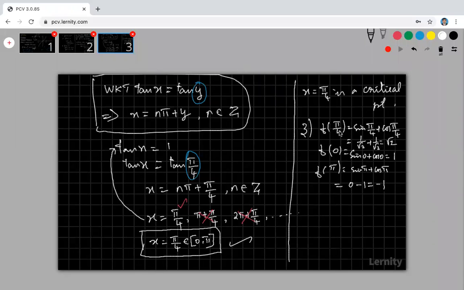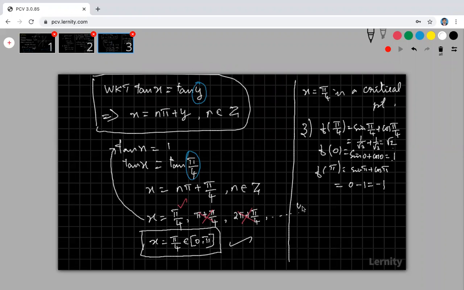Look at that. My f of pi by 4 is root 2, f of 0 is 1, f of pi is minus 1. So which is maximum? Root 2 means 1.414. This is 1 alone. This is minus 1. So this is my maximum value.